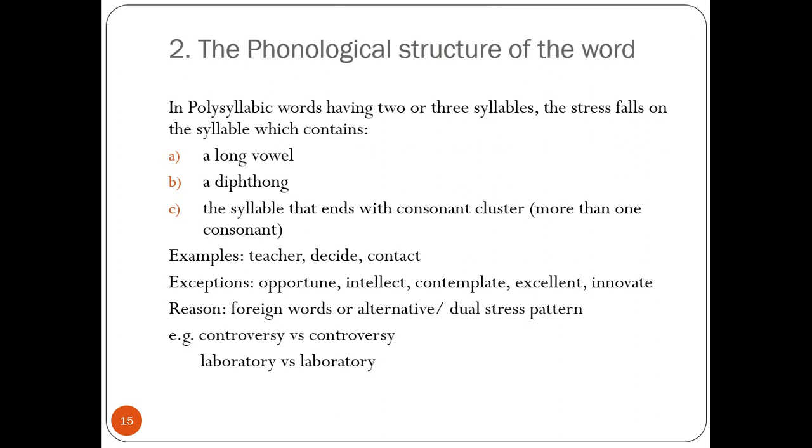We have some exceptions, but they are foreign words. I'm just trying to give you this point of view. And then we've got intellect, contemplate, excellent, innovate. What's the reason? The reason is actually foreign words or alternative dual stress patterns, like controversy.